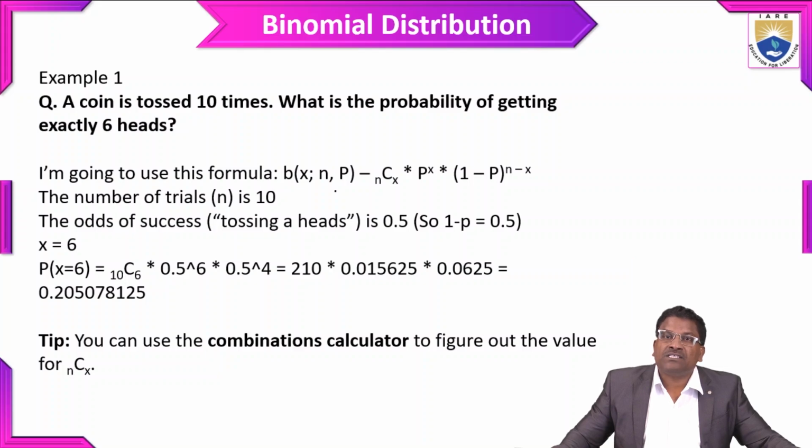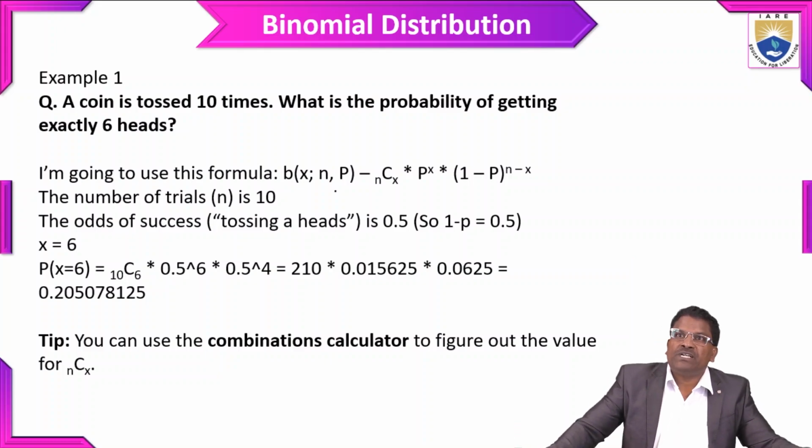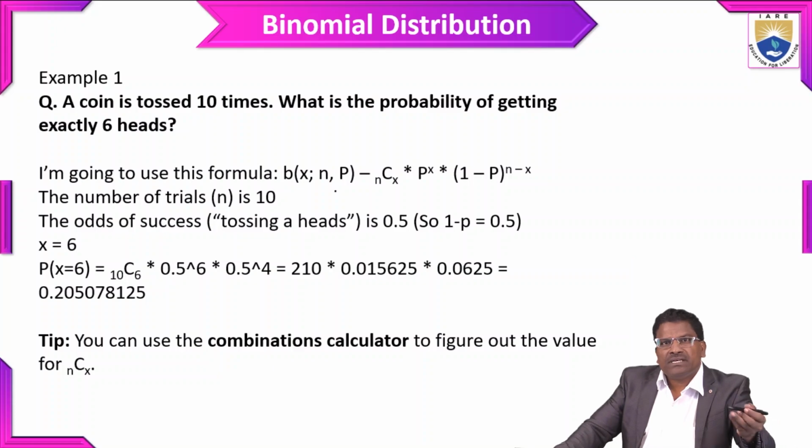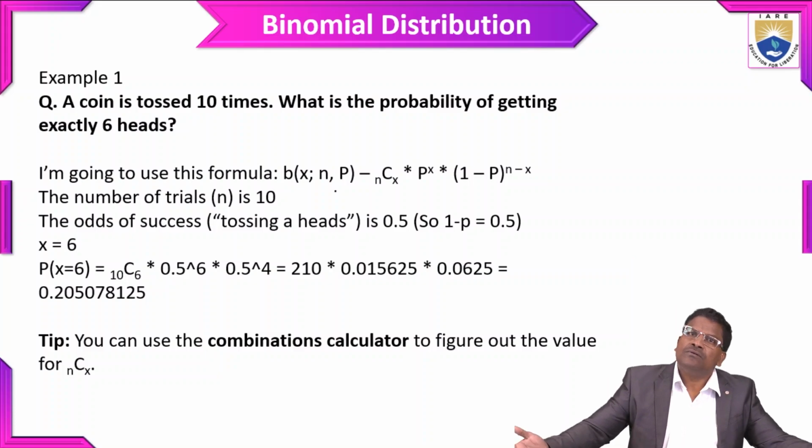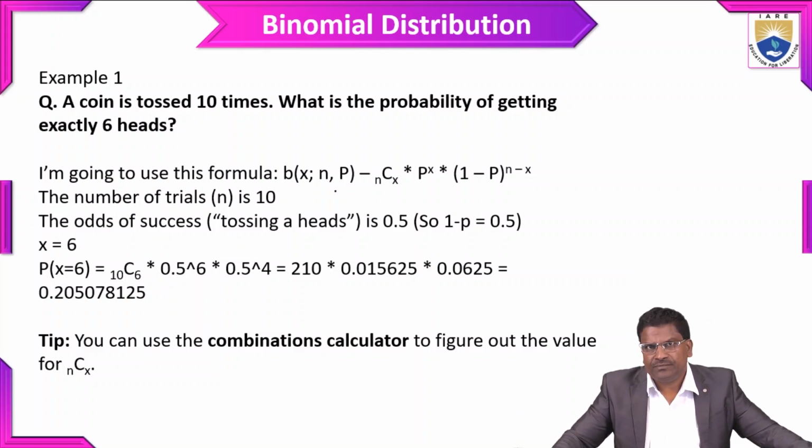Number of trials, how many are there? 10. How many successes are there? Number of heads, 6 has to come. So, x is equal to 6. What is the probability of getting heads? Clear, 1 by 2. So p is 1 by 2. What is the probability of failure? q, 50%, 1 by 2.